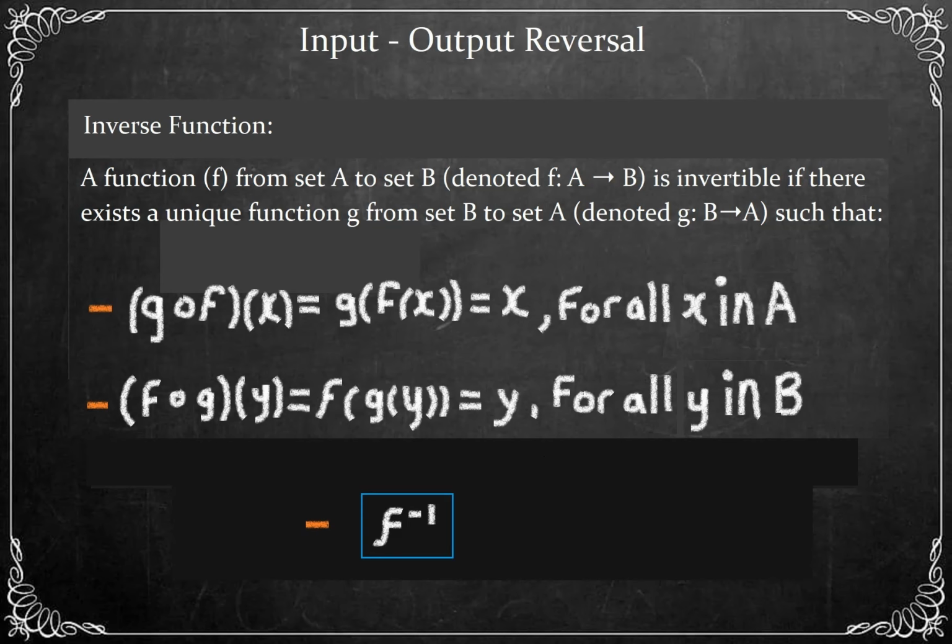In notation, which is why we did a video on composition of functions, g circle f of x equals g of f of x equals x for all x in A, we also have f circle g of y. To unpack that, we can consider the inner function of g is f of x, or the output of f.